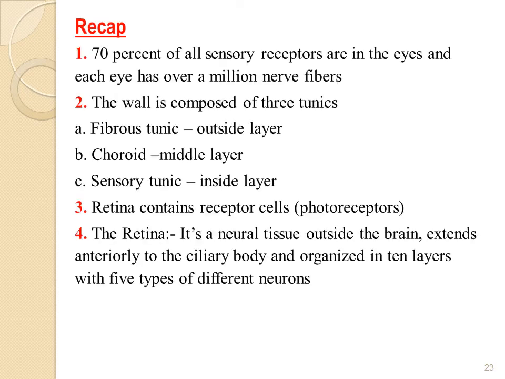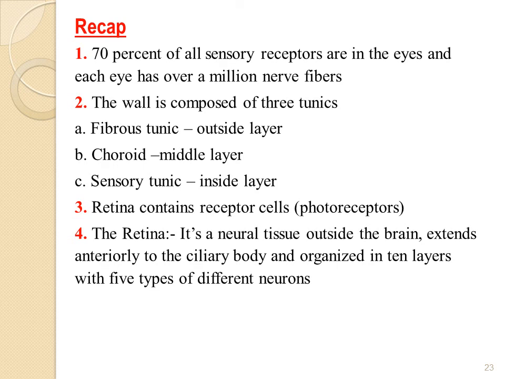As a recap of this lecture: first, 70% of all sensory receptors are in the eyes, and each eye has over 1 million nerve fibers. Second, the wall is composed of 3 tunics: the fibrous tunic, the choroid, and the sensory tunic.